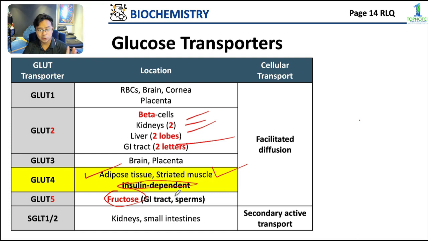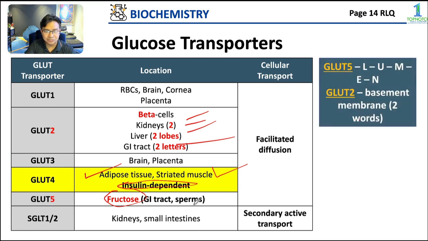So, fructose for absorption in the GI tract and for the sperms as well, since fructose is the energy for sperm motility. Take note that GLUT5 is mainly found at the lumen because there are 5 letters in lumen. While GLUT2 is found at the basement membrane of your intestines because basement membrane has 2 words.